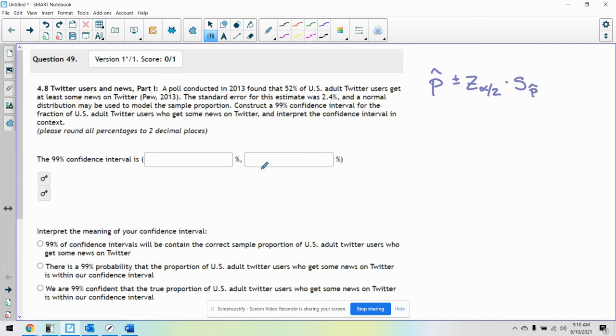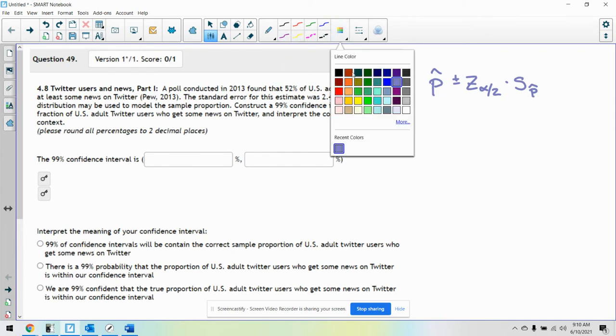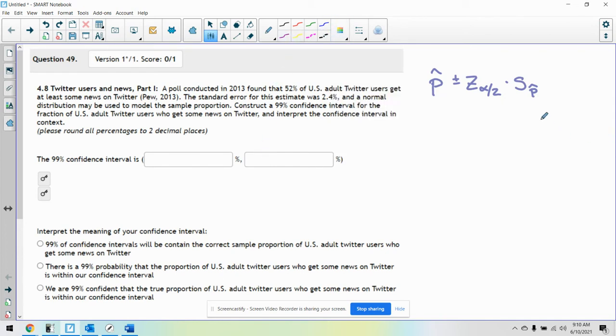Now, the thing to remember is that this is also called the standard error. Okay. So we can use this formula to come up with our interval. So it's just going to look like this. P hat is our point estimate, or the percentage given. So that's going to be 0.52.